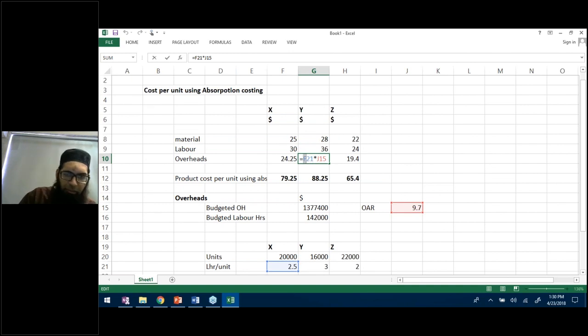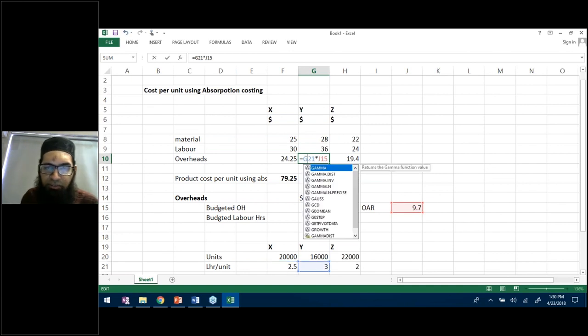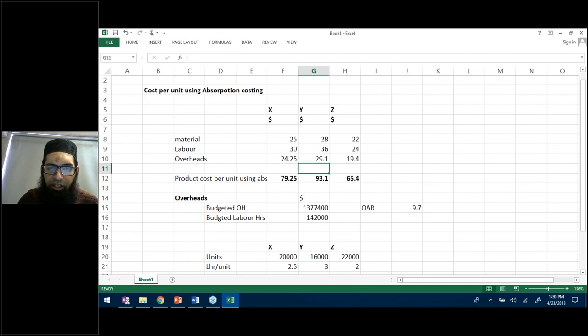So I will simply replace F with G. And when I enter it, you can see that my overheads have been adjusted accordingly, and my production cost per unit has also been adjusted accordingly. Right? So thank you, Saj, for mentioning the error.